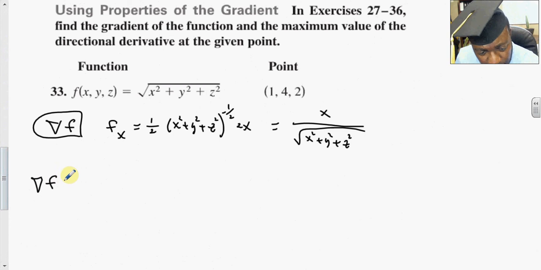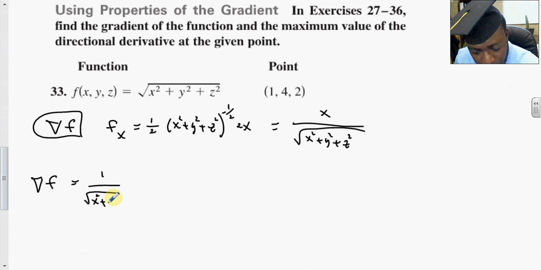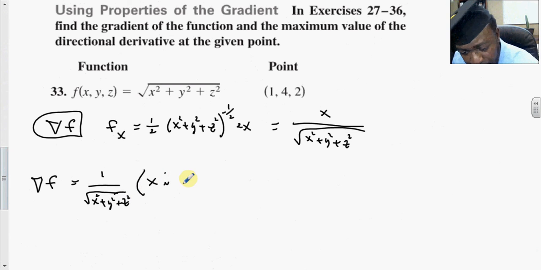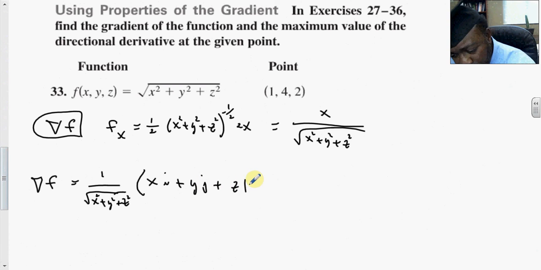So the gradient of f is equal to, let me write it like this, 1 over the square root of x squared plus y squared plus z squared times xi plus yj plus zk, instead of having to write that radical 3 times.